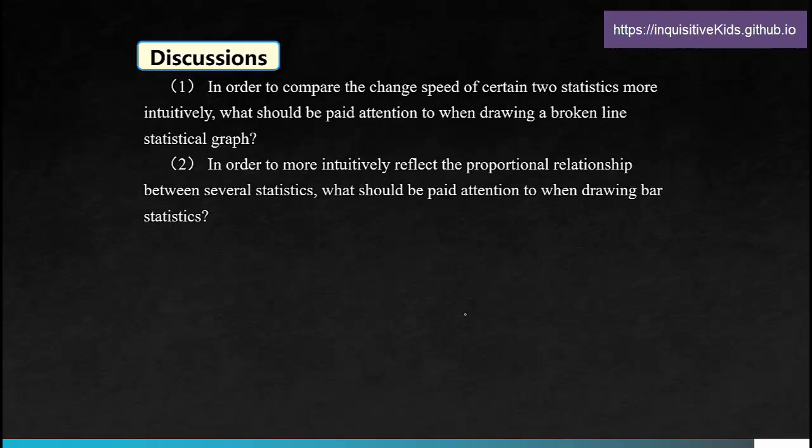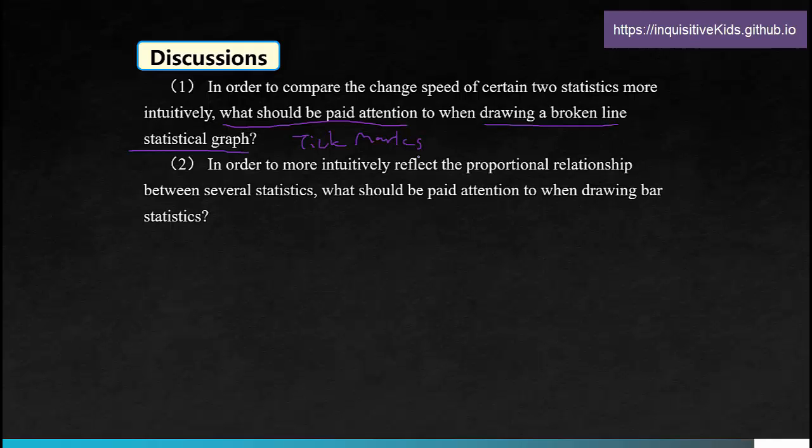really deeply think about these two questions. Why would you need to ask them? Are these worth asking? Well, what should be paid attention to when drawing broken line statistical graphs is that you have to look at the tick marks.